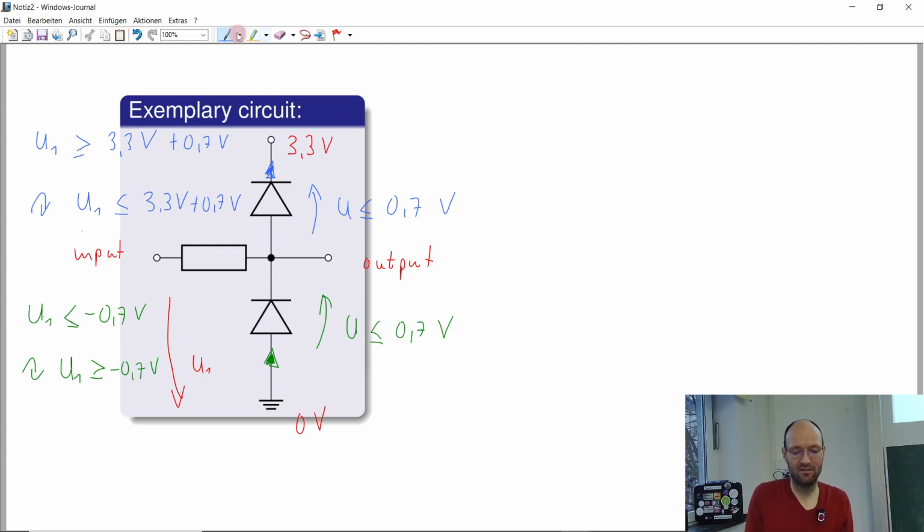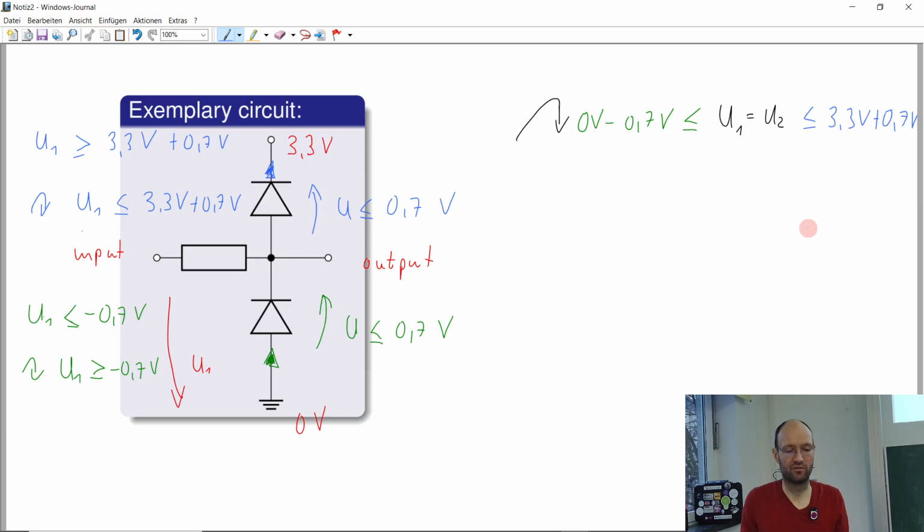So at the end, the outcome of this circuit is that our input voltage, and therefore also the output voltage, because at the end they are at the same potential here, will be larger than or equal to 0 volt, let's say our ground potential, minus the 0.7 volts, and they will always be smaller than the supply voltage, 3.3 volts plus the 0.7 volts.